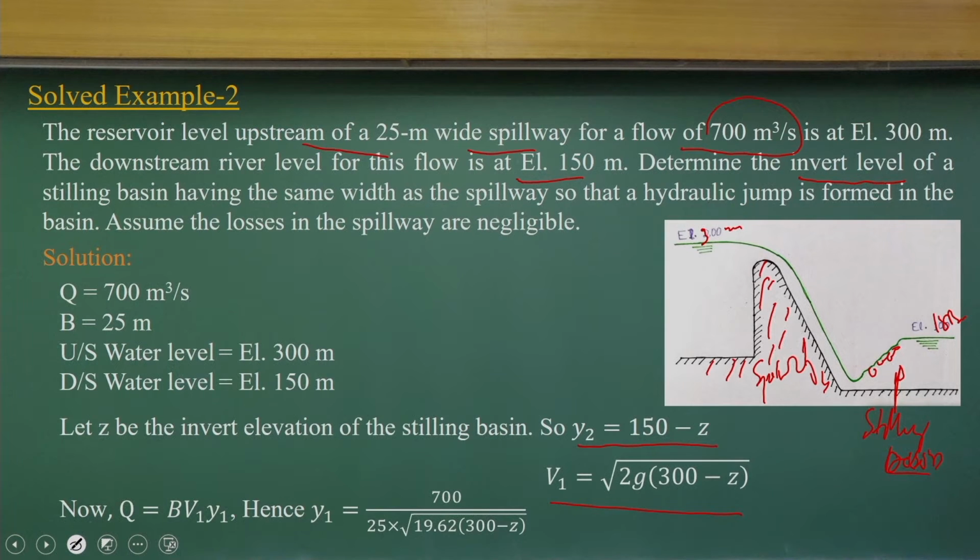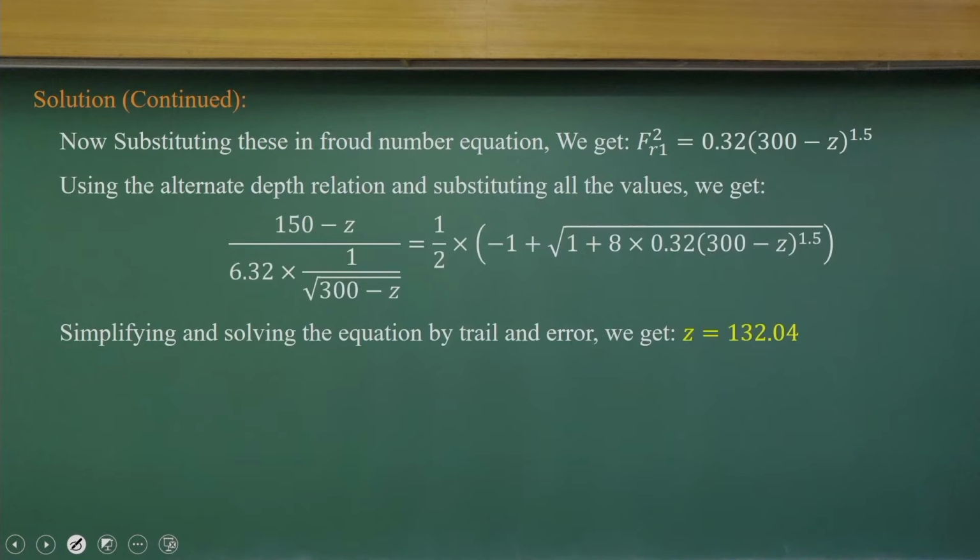Substituting that, you have the mass conservation equation, and you can compute what the Y1 value will be in terms of Z. Then we substitute in a similar way: the upstream flow Froude number we can write in terms of the V1 velocity, and we get a relationship between Y2 by Y1 and the flow Froude number.